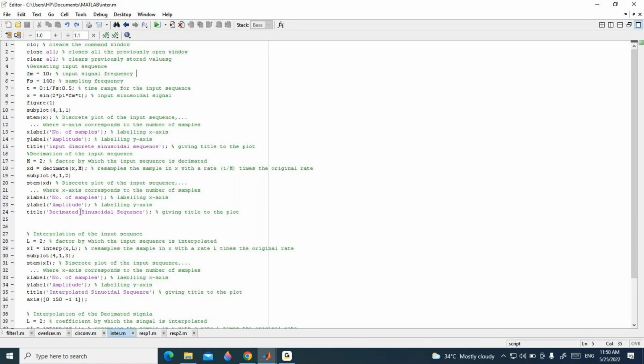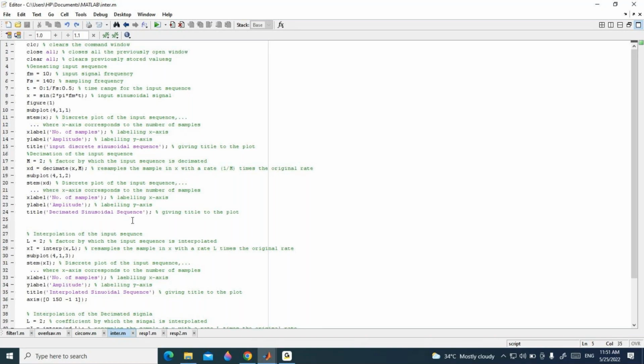After decimating, we plot the sequence by using subplot(4,1,2), stem(xd). Similarly, for this signal also we give the x label as number of samples, y label as amplitude, and the title is decimated sinusoidal signal. So this is the decimated sinusoidal sequence.